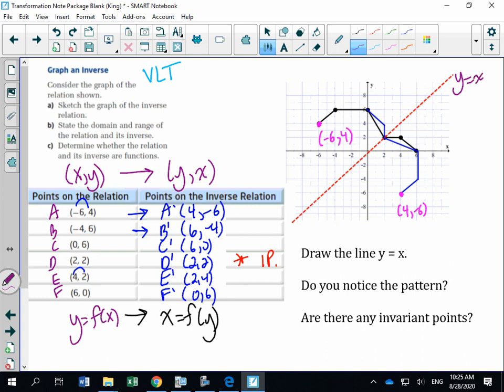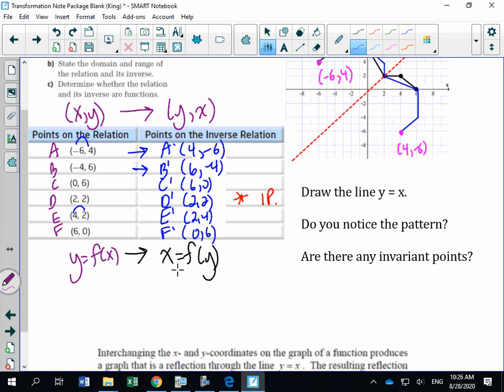This is our original black graph, and our inverse graph, which is our blue graph, is x is equal to f of y. So these two are inverses of each other.